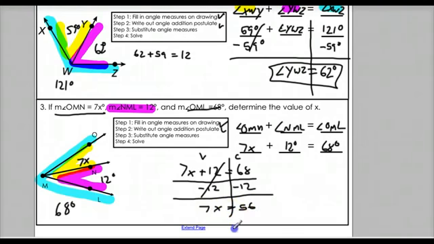From here, we have to do the opposite operation to move this 7 over. The opposite of 7 times x is dividing by 7. We divide both sides by 7. This cancels, and we get x is equal to 56 divided by 7, which is 8. We did it. Done.